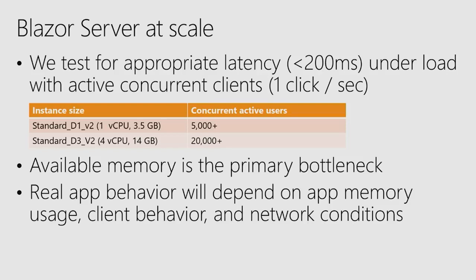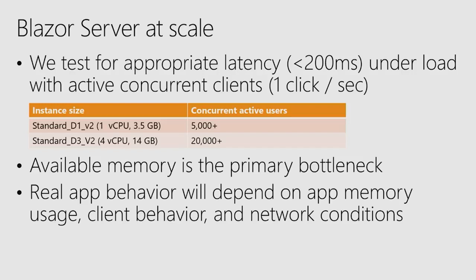When we test Blazor Server on a relatively small VM, one virtual CPU, 3.5 gigabytes of memory, it can sustain over 5,000 concurrent active clients at the same time. If you increase the size of the VM to 4 virtual CPUs, 14 gigabytes of memory, it can then handle over 20,000 concurrent active users without any degradation in latency.